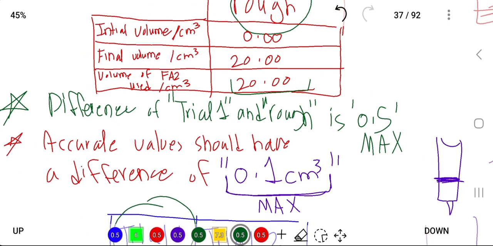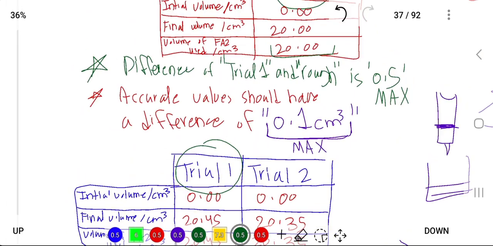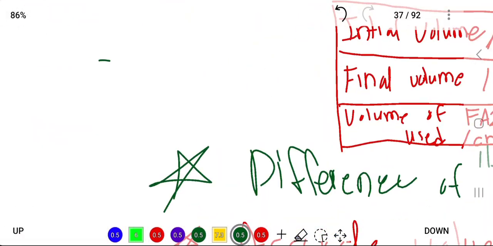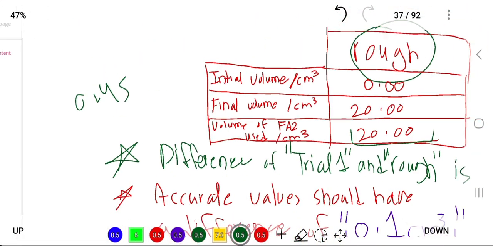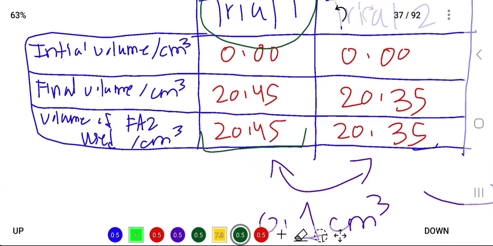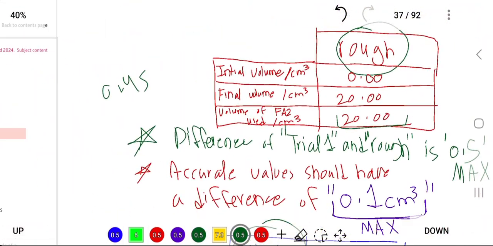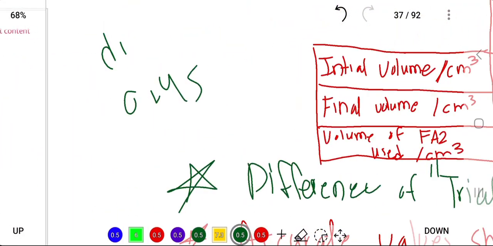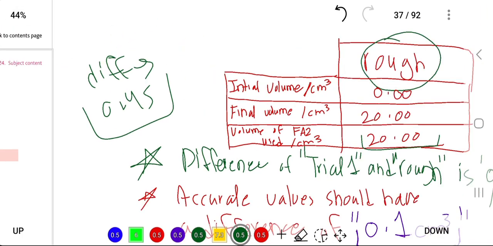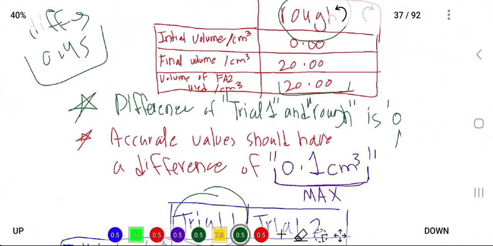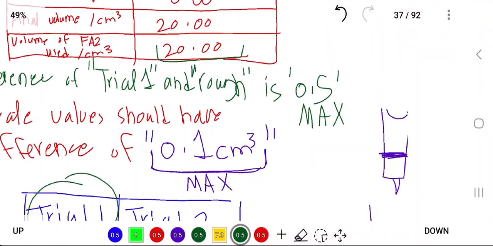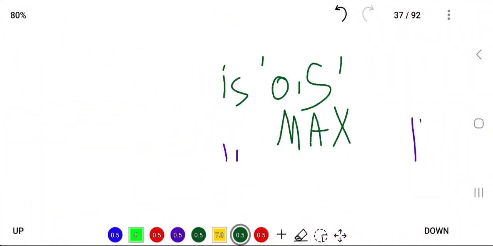Not really at the edge, but you could say the edge, because the difference between them is 0.45. 20.45 minus 20, you got a difference of 0.45, which meets the 0.5 max I mentioned.